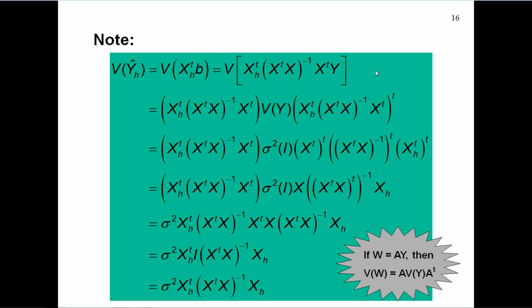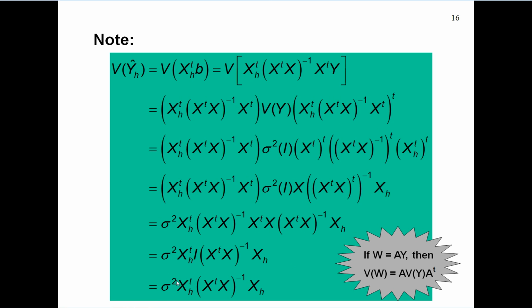In order to square constants using matrix algebra, we take the matrices and multiply by their transpose. That effectively is squaring them. We follow this through, and I would ask you to do that. And eventually we arrive at this horrendous looking expression for the variance of y sub h hat.